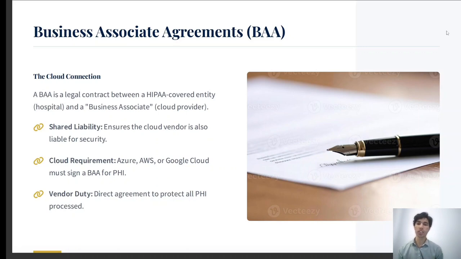It requires cloud vendors like Azure, AWS, or Google Cloud to sign a BAA for protected health information. And finally, there is the vendor duty, which is a direct agreement to protect all protected health information which is processed by the cloud.